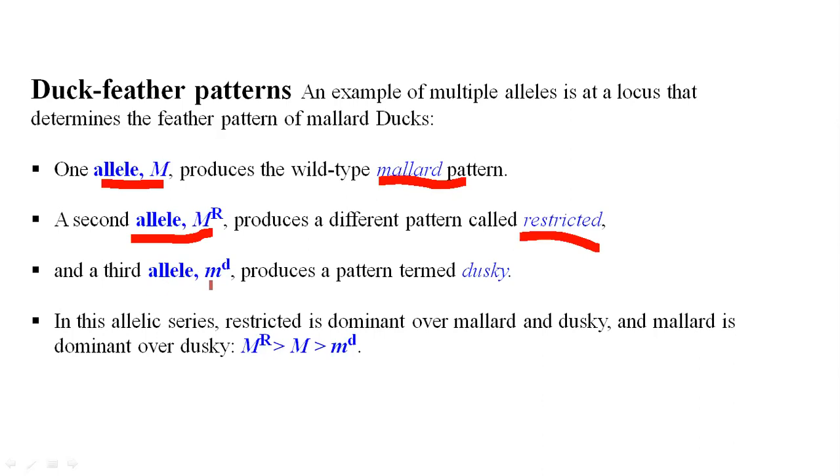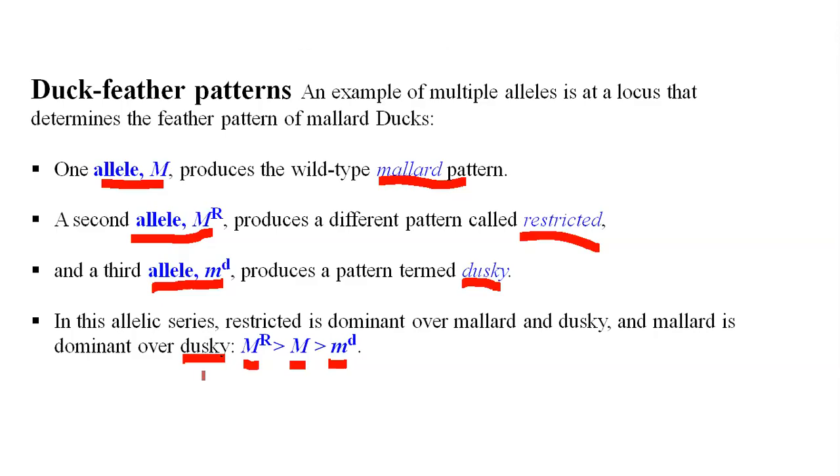The third one is allele small m d, which is dusky. Restricted is dominant over the mallard pattern of the feathers. This is about the feather patterns and colors. And small m d is the most recessive one. It is known as dusky. Dusky means the dark colored feathers.